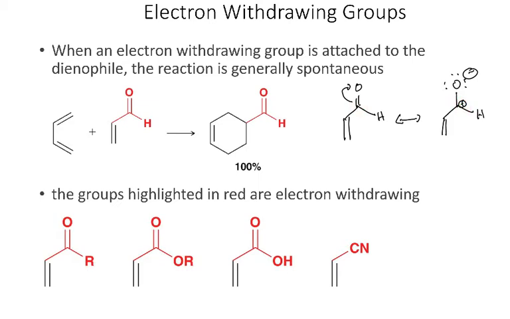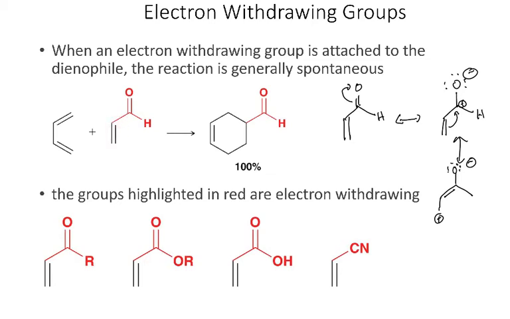Now I have an allylic carbocation, so I can draw another resonance structure like that. In this resonance structure down here, we end up with a positive charge on one of the carbons that was involved in the alkene that's involved in the reaction.